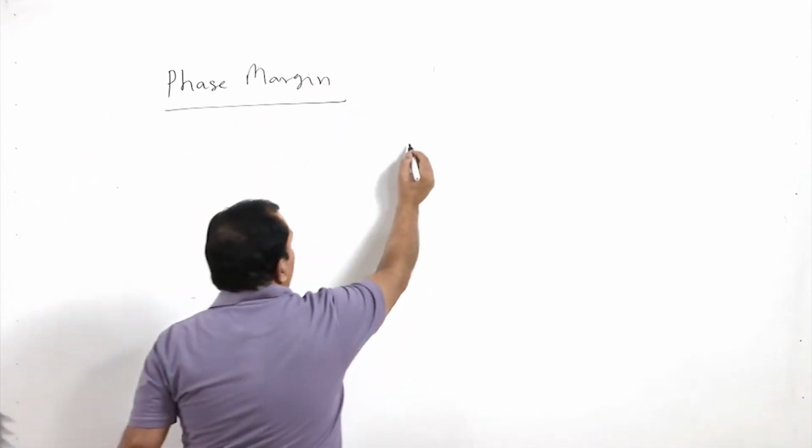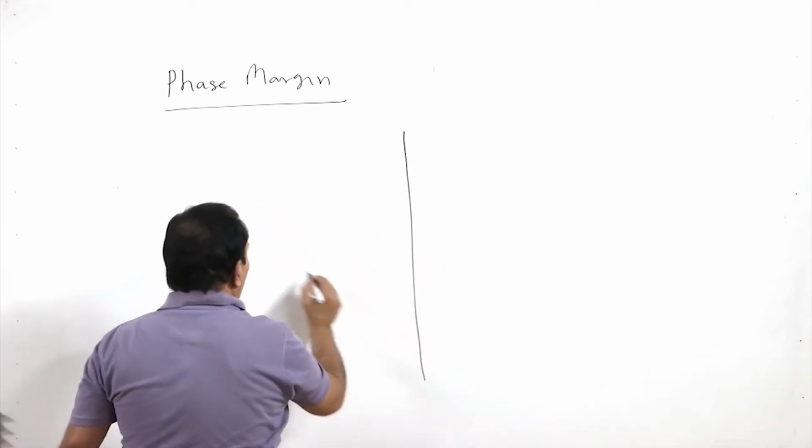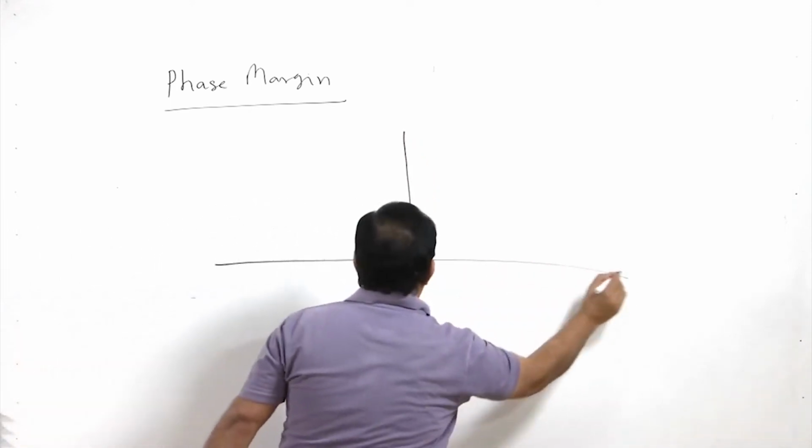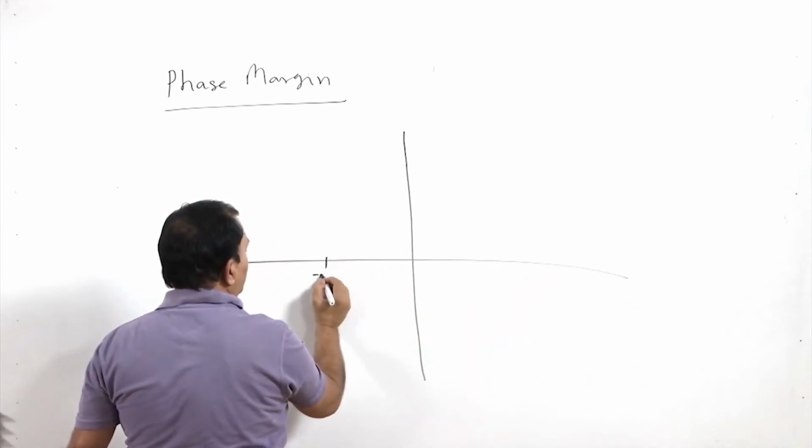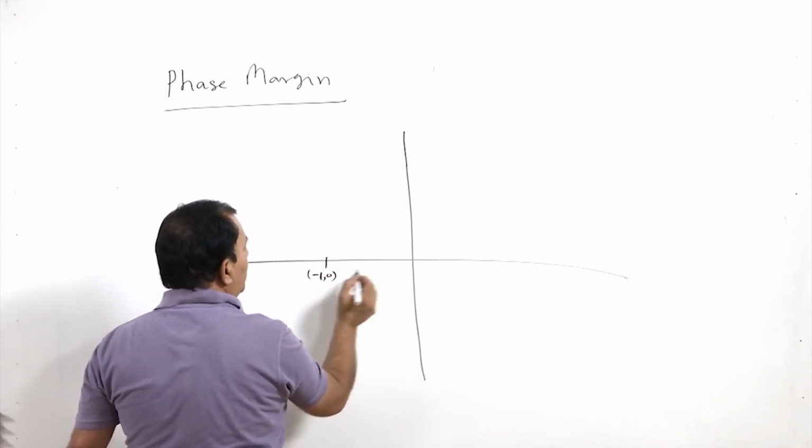So, the phase margin of the system, what is my condition? This is the minus 1, 0 point.